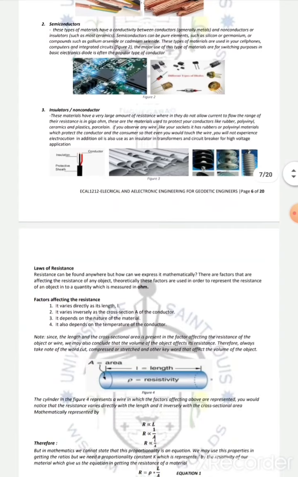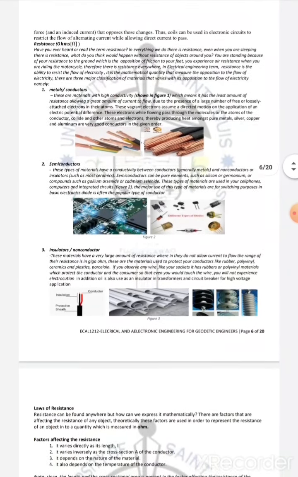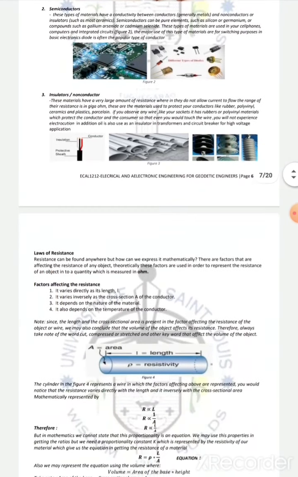Next. Okay. We are now in our laws of resistance. Our resistance varies on four major factors. Number 1, we have our length, and then the area of the conductor. Take note of the cross-sectional area. When we say cross-sectional area, it is the area at the top and at the bottom. Let me write it. Screen right.